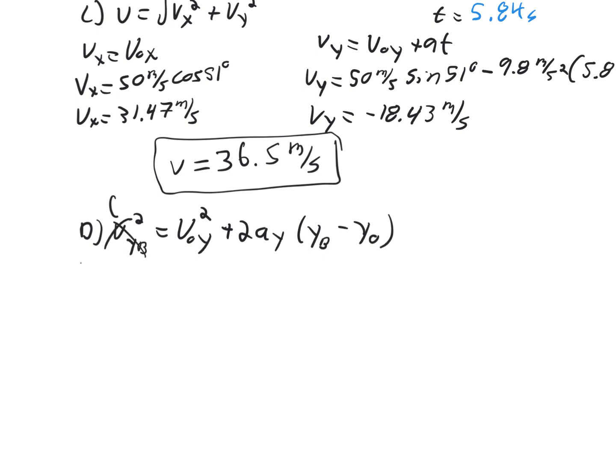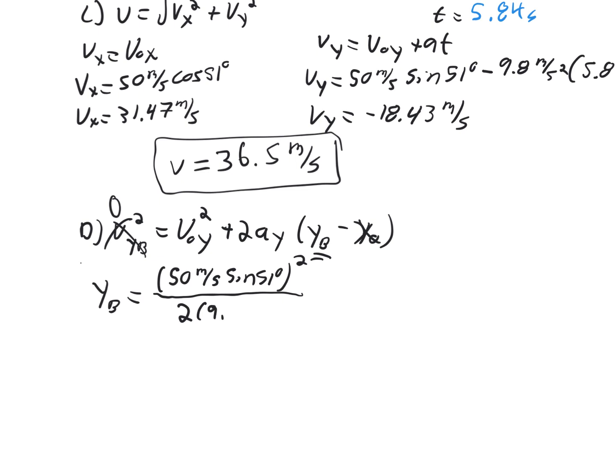Again, this will be 0, and so we can actually solve for yb since this too will be 0. And we should find that yb is just going to be our initial velocity in the y direction, 50 meters per second, times the sine of the angle 51 degrees, quantity squared, that whole thing squared, all over 2 times, really, negative ay, so negative 9.8 becomes a positive 9.8 meters per second squared.